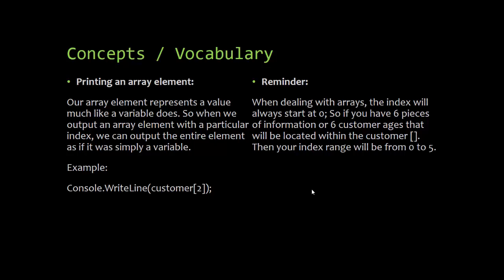In this case, with a Console.WriteLine, if we put customer index 2, it will find whatever value is located in customer index 2, and output it to the screen. So as a reminder, when dealing with arrays, the index starts at 0. So if we have 6 pieces of information or 6 customer ages located within the customer array, then your index range will be from 0 to 5.